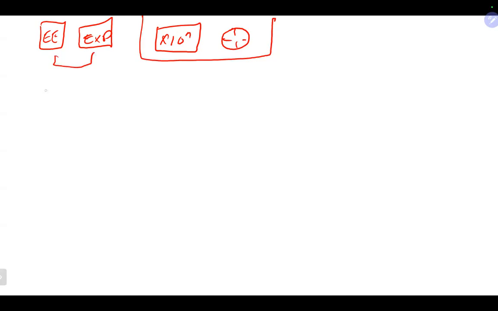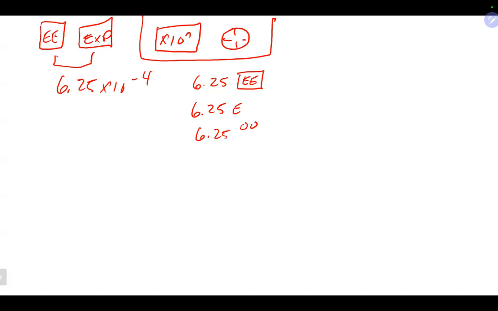If you had something like 6.25 times 10 to the minus 4, and you wanted to punch that into your calculator correctly, you would type in 6.25. You would then hit your exponent button. And in most cases, it will show 6.25 and pop up an E, or maybe some zeros up on top, or times 10 to a couple of zeros up on top.